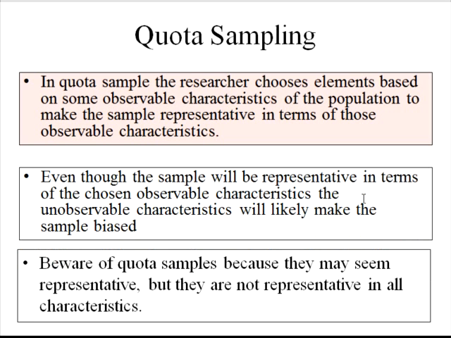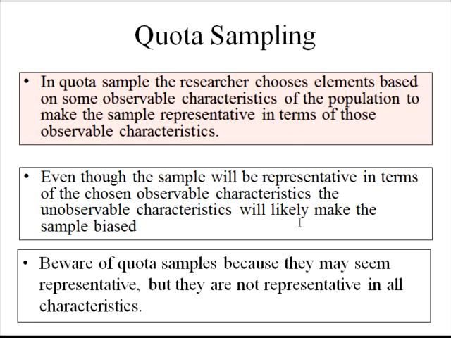Under a fourth type, quota sample, the researcher chooses some characteristics of the population and makes the sample representative of the population on those observable characteristics, right? So the researcher chooses elements based on some observable characteristics of the population to make the sample representative in terms of those observable characteristics, right?